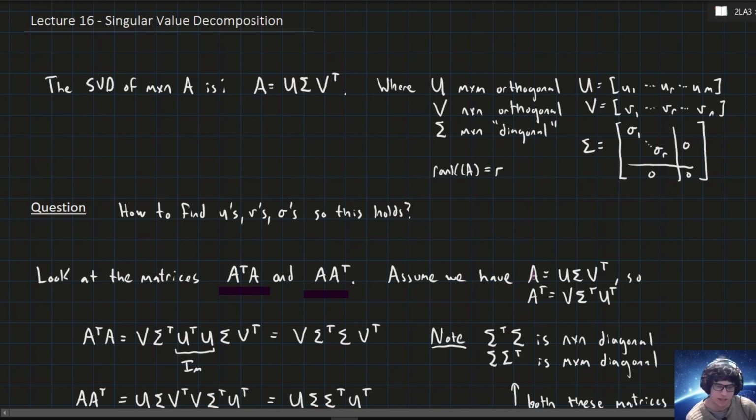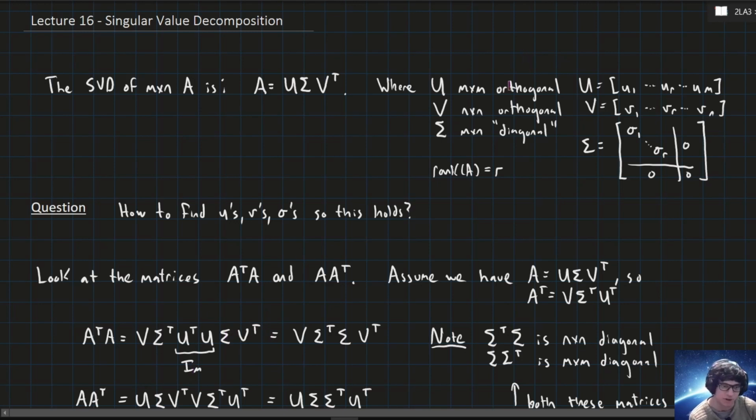If A has this factorization, then A transpose looks like this when you take the transpose of both sides. Let's look at what it says about A transpose A. If I write A transpose like this, and I just write A beside it, I get U transpose times U in the middle.